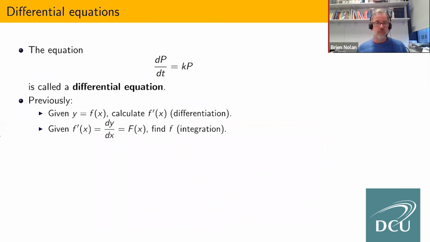What else have we seen? Well, we've seen the problem of integration. We had that problem of trying to find a little f that turns into a given capital F. So let's take a nice easy one, capital F is equal to x plus 3.